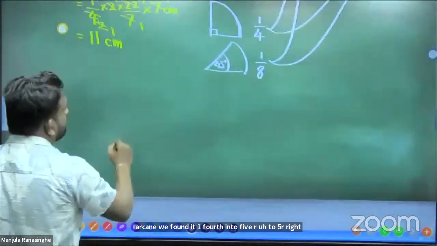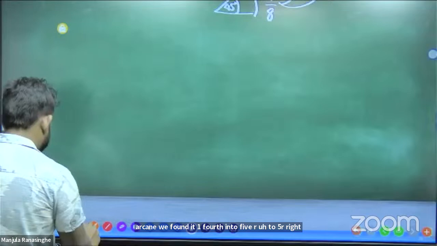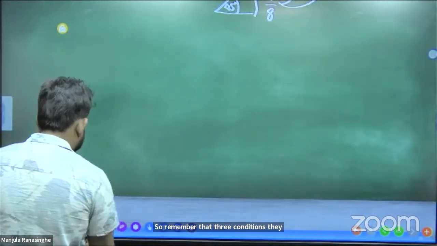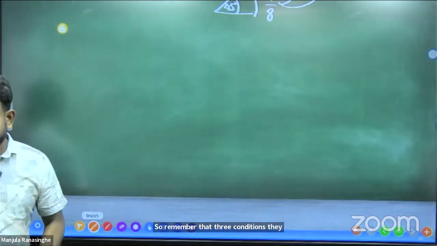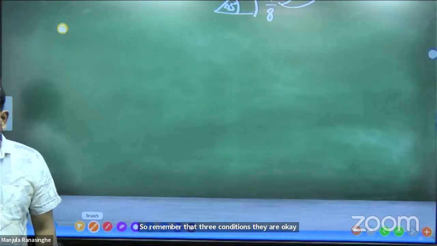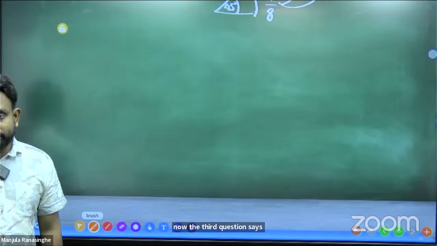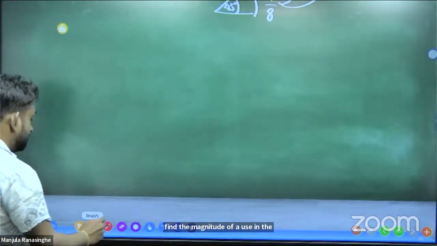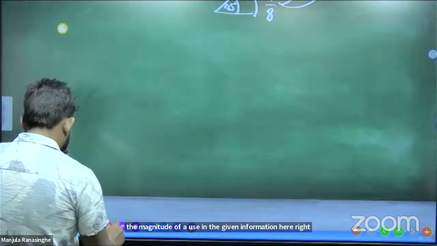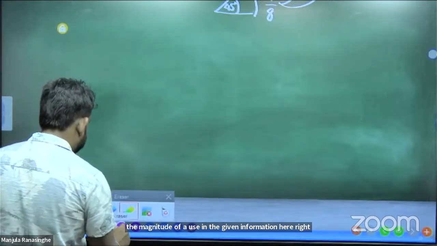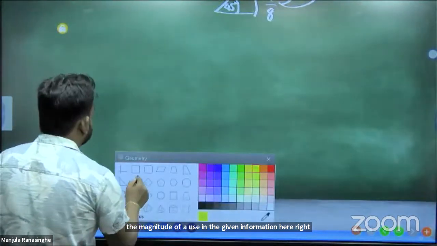So remember those 3 conditions there. Now the third question says, find the magnitude of A using the given information here. You can see the diagram. It is a triangle there.